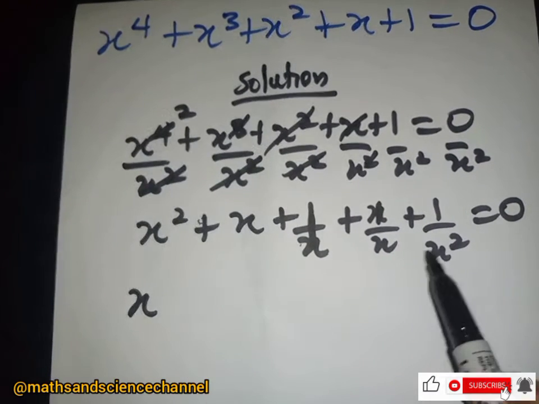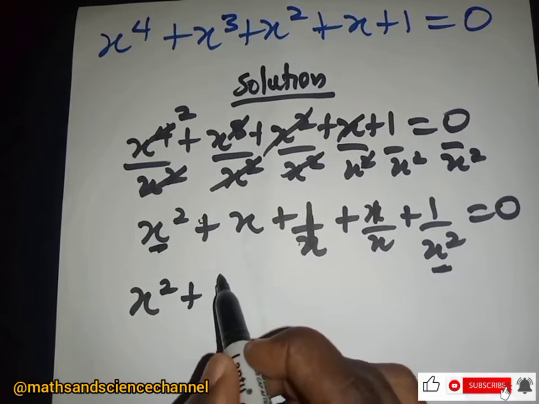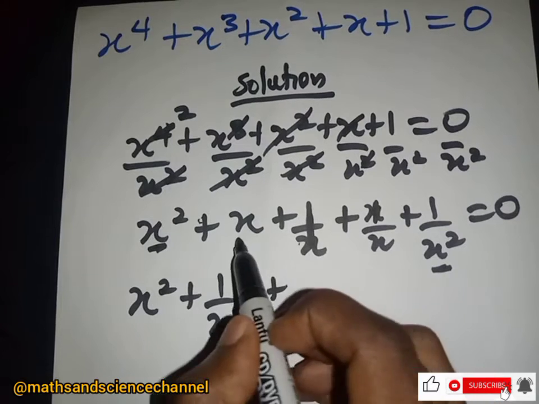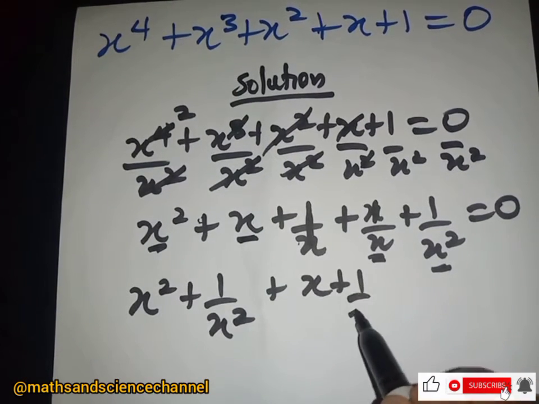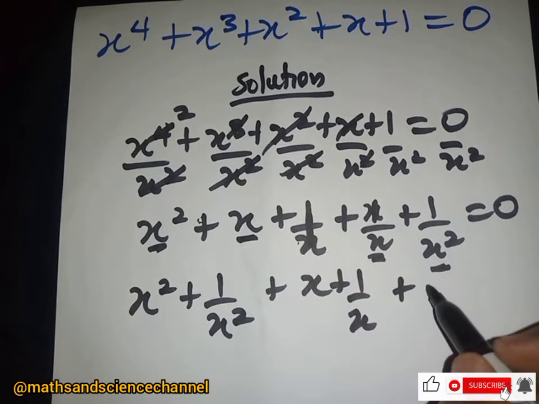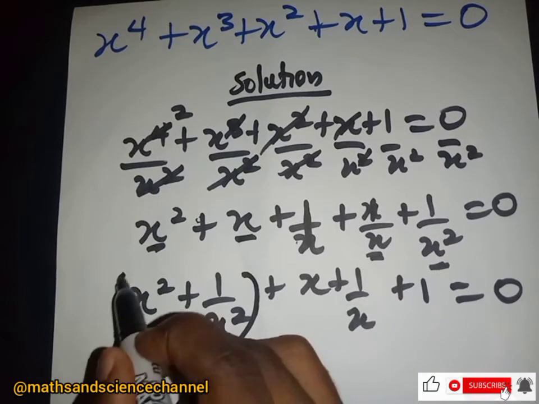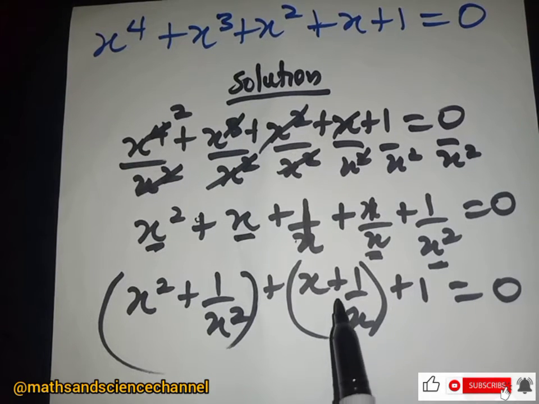We have x squared plus 1 over x squared, then we have x and 1 over x here, x plus 1 over x, then plus 1 being equal to 0. So we have grouped like terms, and this is what we have now.